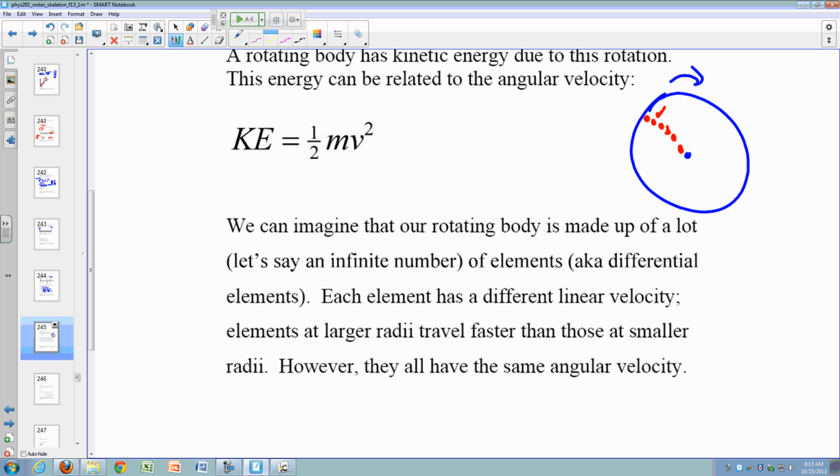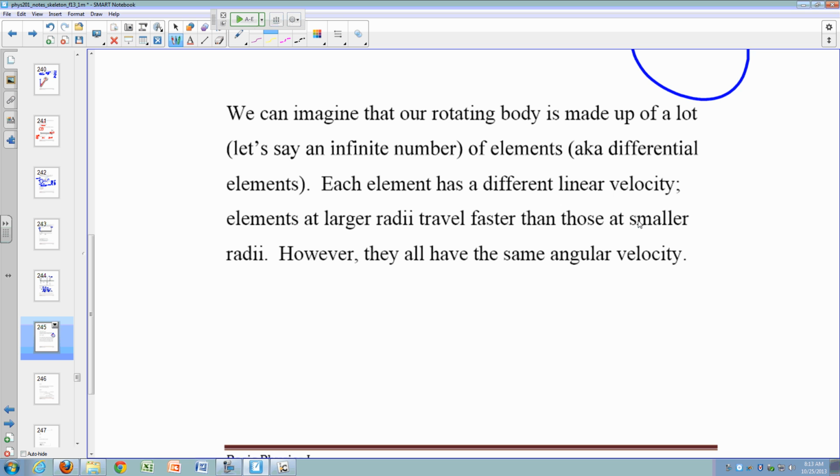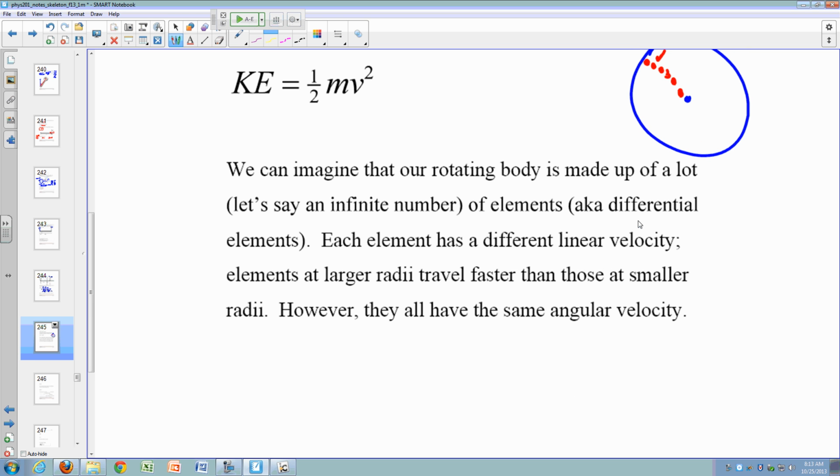It's either a derivative or an integral, right? That's really all you do in calculus right now. It's an integral. So whenever you're doing a summation, that's just an integral. An integral is just a summation. However, each of these has the same angular velocity, so we can simplify it just a bit.